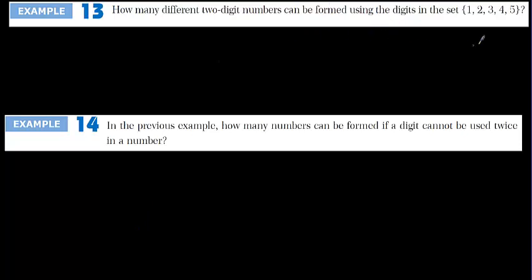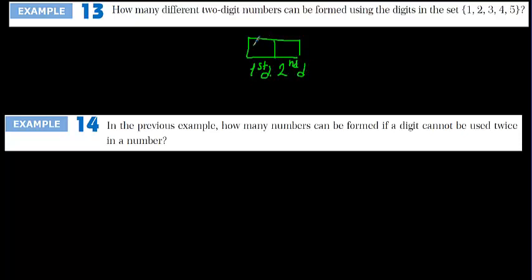Now we are going to solve 2 different questions. In the first question, there is a set, and we are going to write 2-digit numbers. Let's say we have 2-digit numbers, and I'm going to show the boxes like this: this is the first digit and this is the second digit.